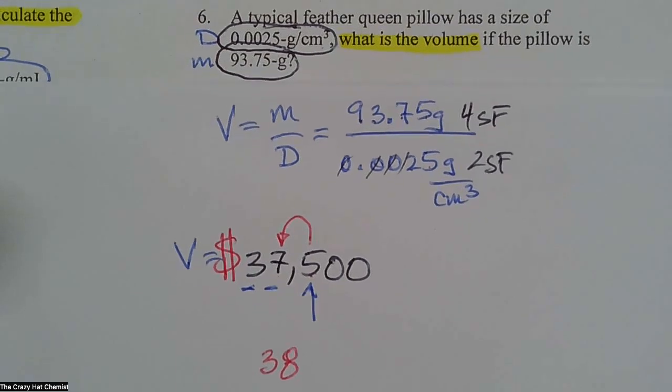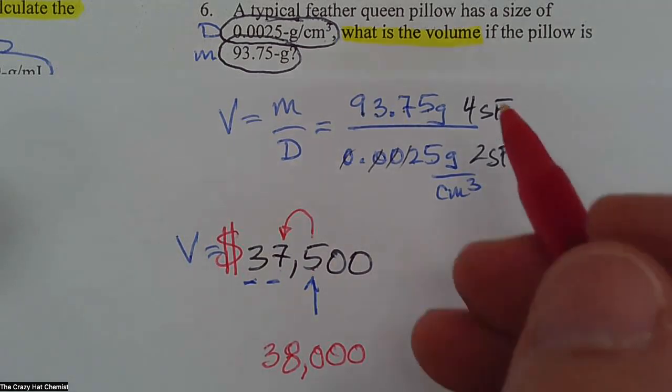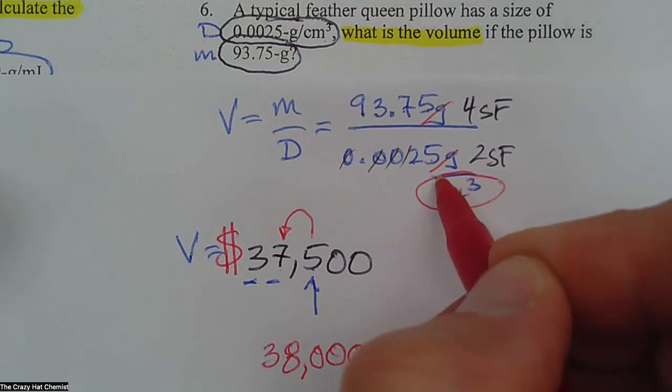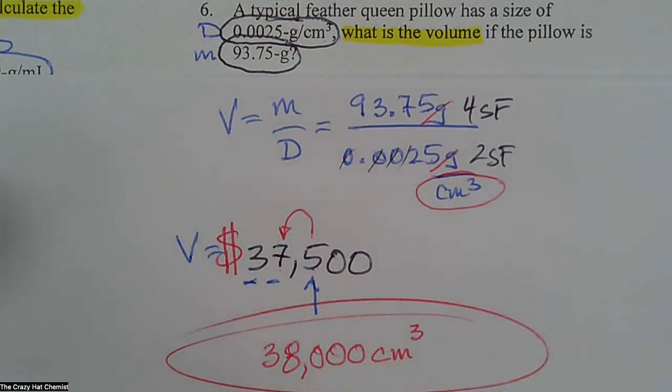Now, if you gave me $37,500 and I were to round it and give you back $38, would you be happy? Heck no, absolutely not. In fact, there's a comma right there. So you need to make sure that that comma is placed appropriately. And the units for volume here, the grams cancels out. I'm left with cubic centimeters, just like that. And then there is my circled correct answer for this problem.